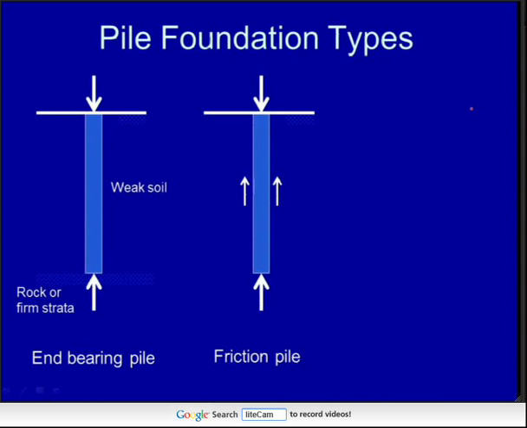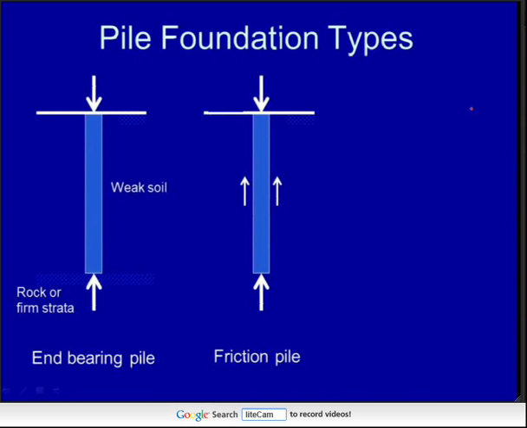A friction pile develops most of its capacity by shear stresses on the side of the pile, which is why it's called a friction pile. There is an end-bearing stress, but it's not usually the major component of capacity. I should add over here, you do get shear stresses on the side of the pile in the weak soil here. What we're saying is that the shear stresses on the side of the pile are generally tiny compared with the end-bearing pressure there. And so we are characterising behaviour.